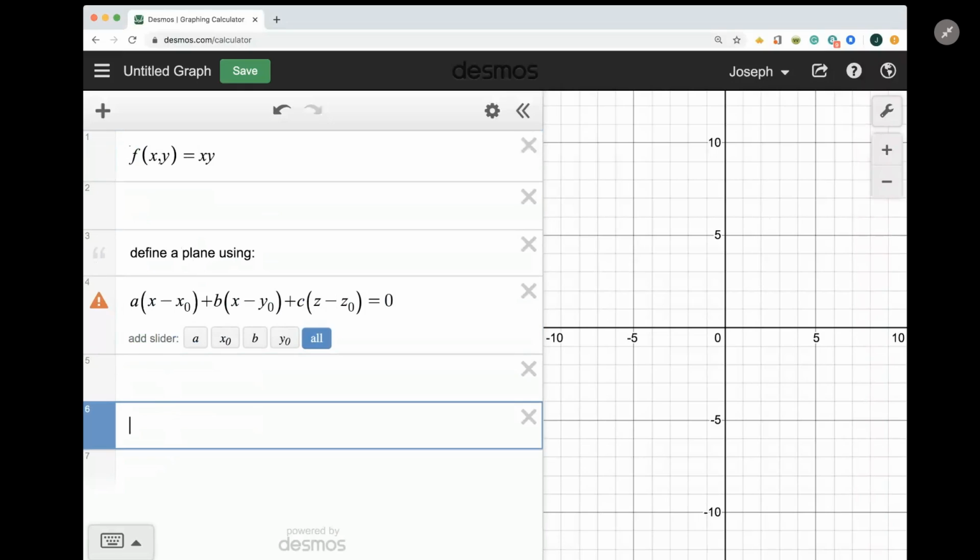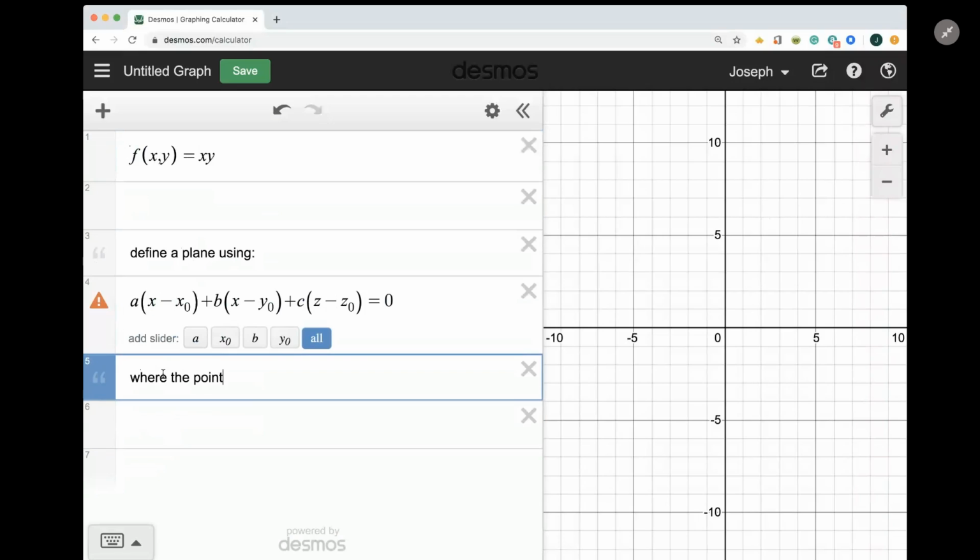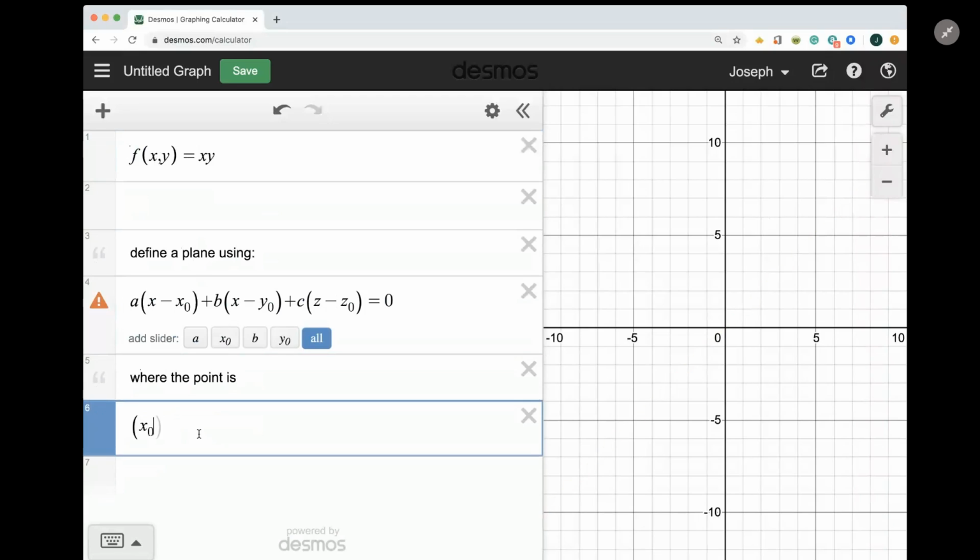Specifically, we've got a three-dimensional point, which requires 3 coordinates, that's going to be our x naught, y naught, z naught.